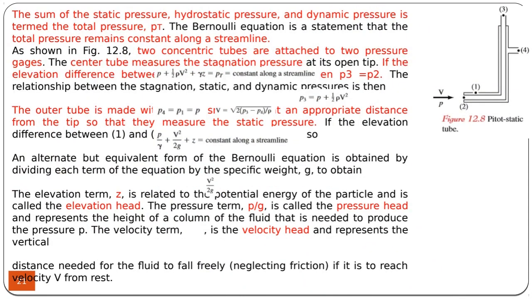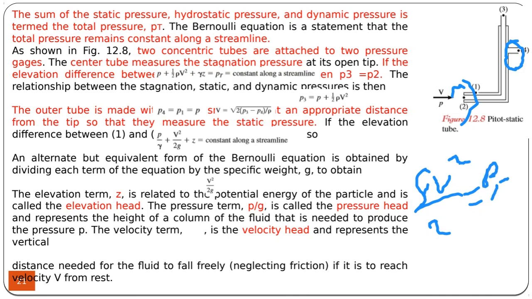So this is a pitostatic tube. Here, at this location, you have a stagnation. Here you have the static pressure. So the difference between them will give you a relationship between the pressure difference and velocity, because rho V squared divided by 2 is equal to P1 minus P2.